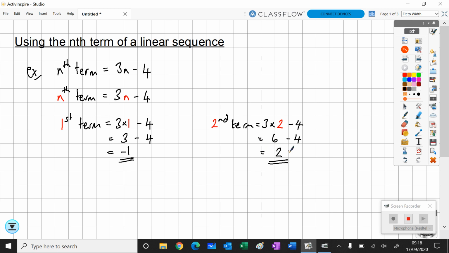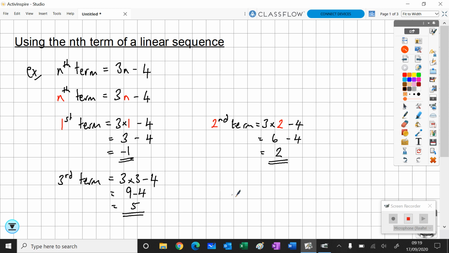We'll do one more just at the moment. This time I'm not going to bother with the red. You should be getting the idea. The third term equals 3 times n, which is also 3, minus 4. So 9 minus 4 makes 5.